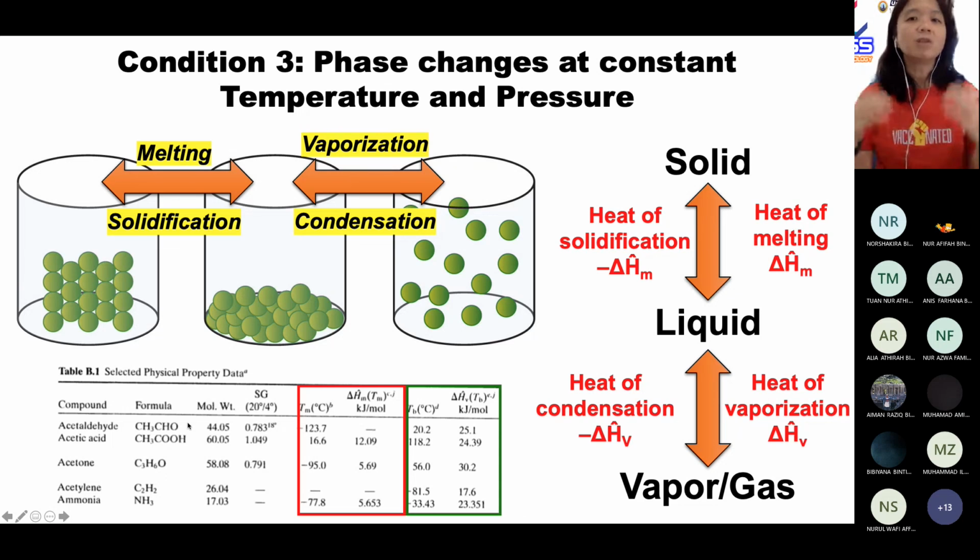So dia just terbalik je. Kalau kamu terbalikkan proses tu, nilai enthalpy tu kamu letak negatif. So solid to liquid, heat of melting. Liquid to solid, negative heat of melting. So again, liquid to vapor, heat of vaporization. Vapor to liquid, negative heat of vaporization. Okay.